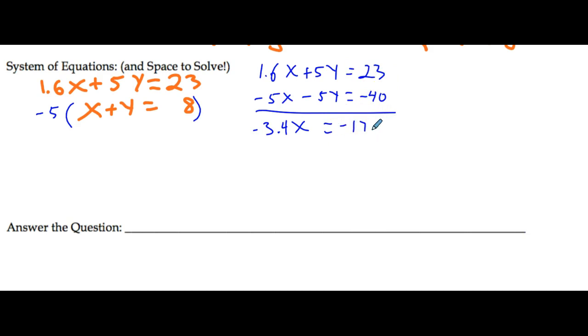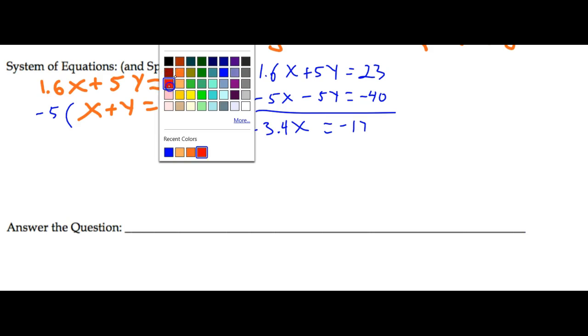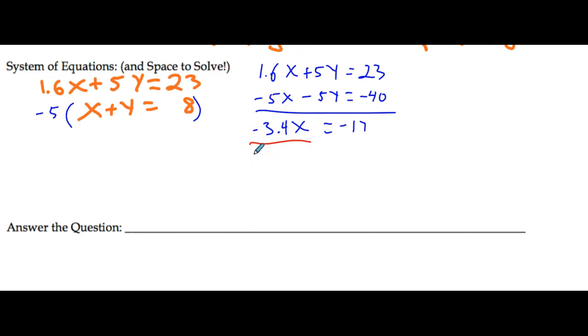Now if we divide both sides by -3.4, we end up with x equals 5.